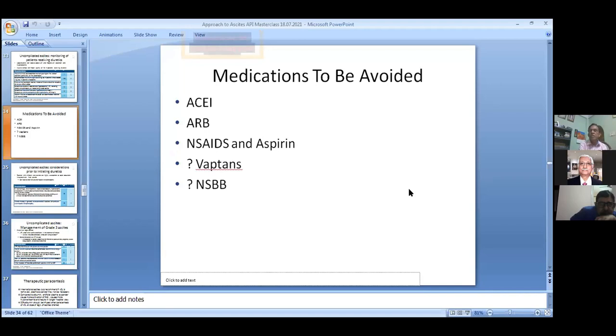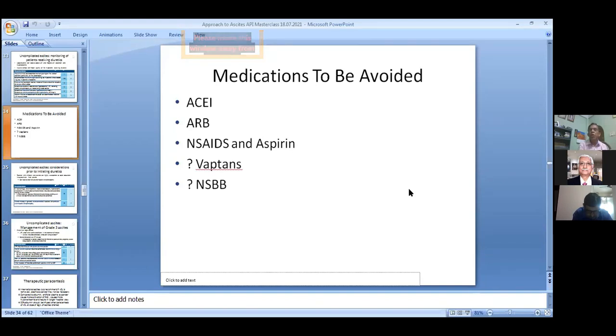NSAIDs are contraindicated. Even aspirin is contraindicated, other than if there is a significant cardiac disorder, post-stent, then low dose aspirin is necessary for cardiac disease. Otherwise, you should avoid it. There are Vaptans. Actually, they are not recommended. I will discuss later the management of hyponatremia with Vaptans.